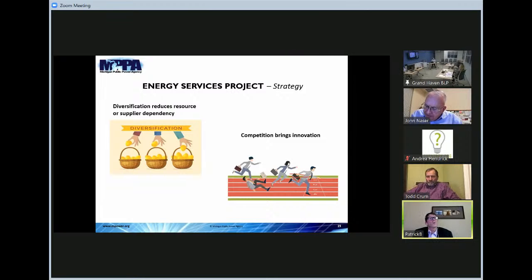We also believe that competition brings on innovation, and every one of the procurements that we do is driven by a competitive business model. We want lots of different power supply resources to pursue interest in selling power to our members.